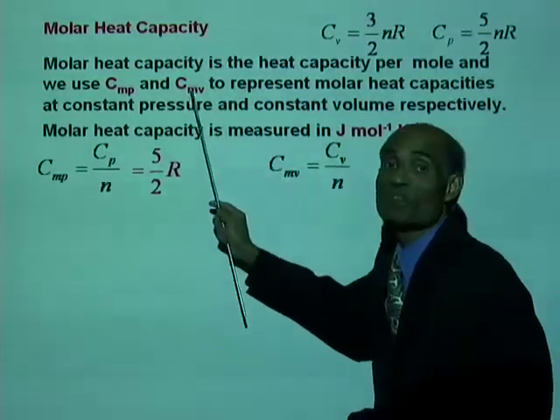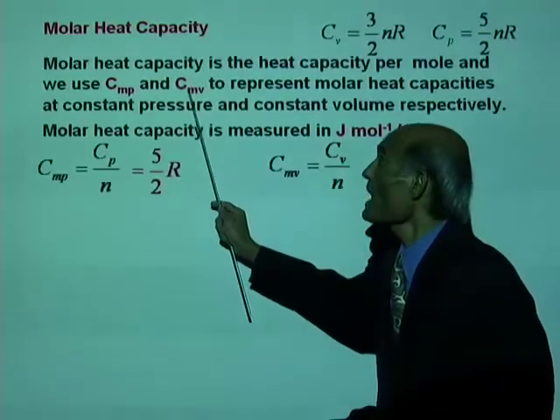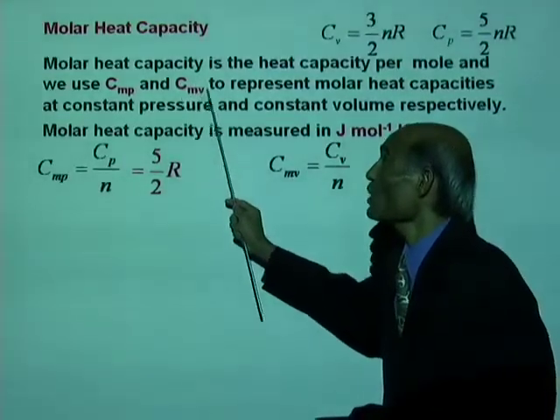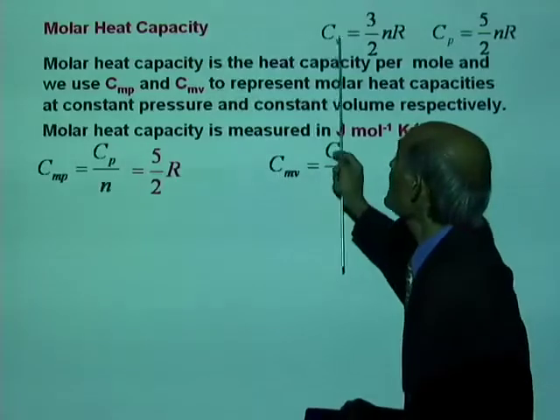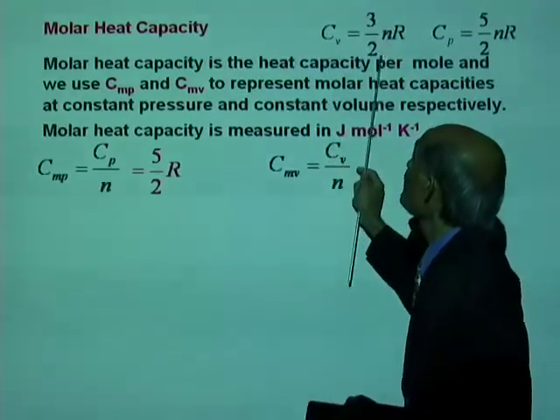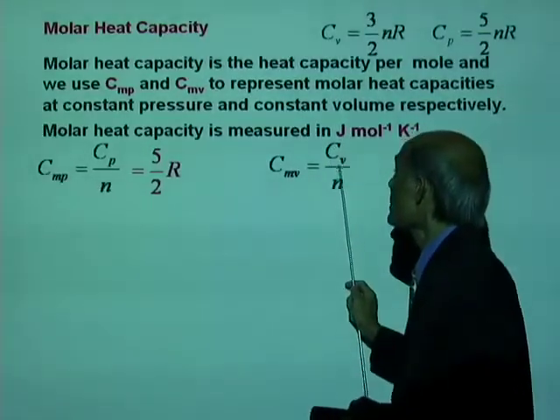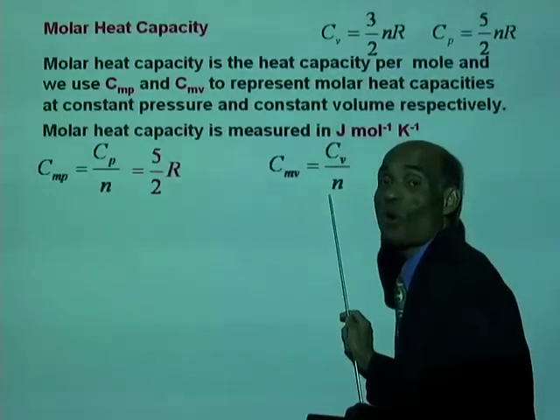In the same way, CMV, what does CMV stand for? Molar heat capacity at constant volume will be equal to Cv divided by n, the amount of heat per mole.